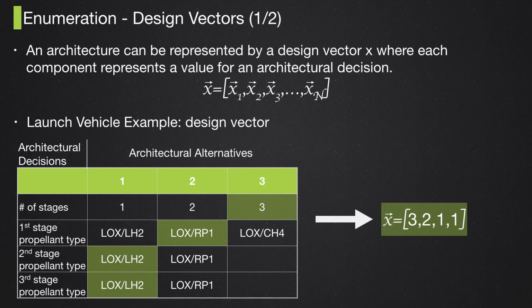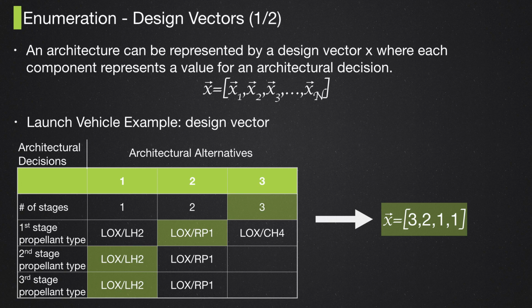And basically, you represent an architecture by picking an option from each row of the table, right? So in the example here, I highlighted this very simple example of 3 stages with 3 different propellant types, and as you can see, you can translate that into a vector that represents your architecture.